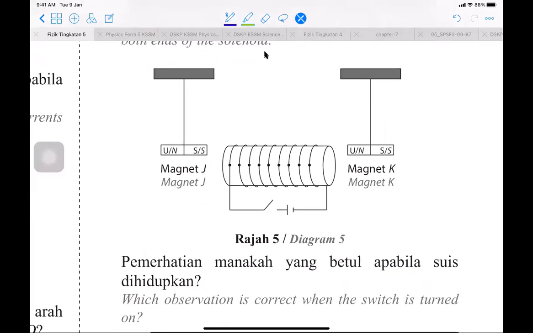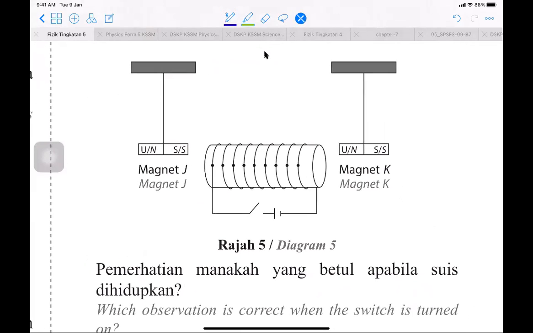At first, when the switch is closed, dia sudah close di sana. So the current will flow from positive to negative. So it will flow there. This one will be going up. Okay, the arrows are all pointing upwards.